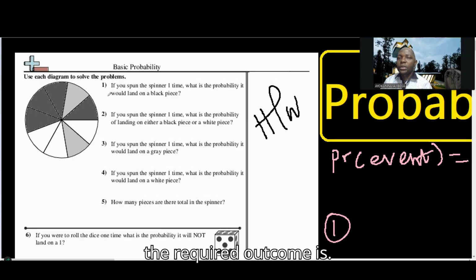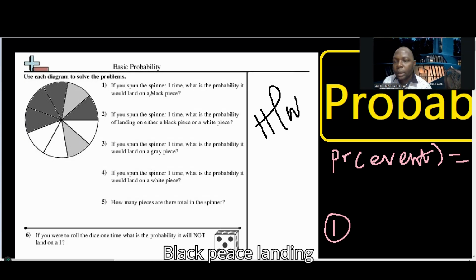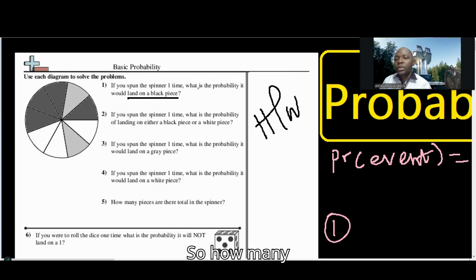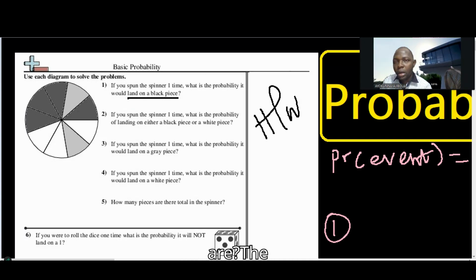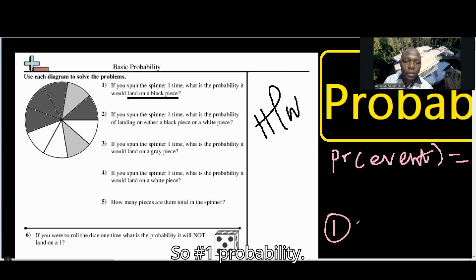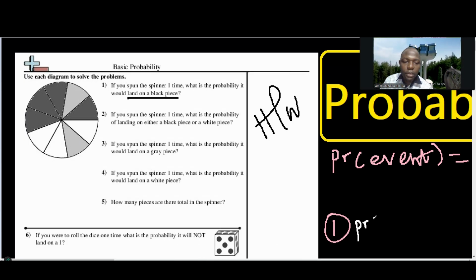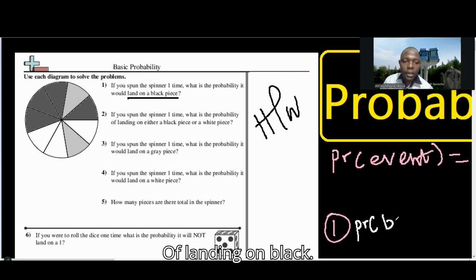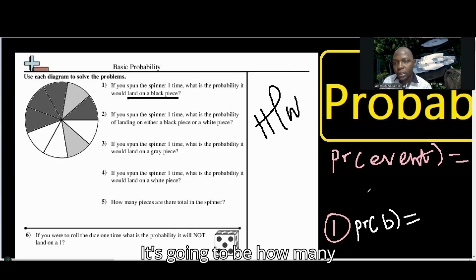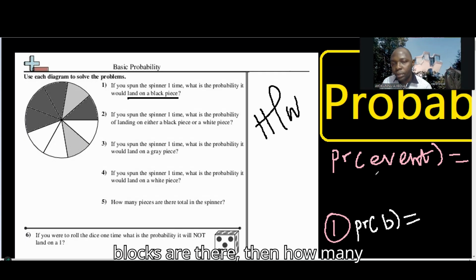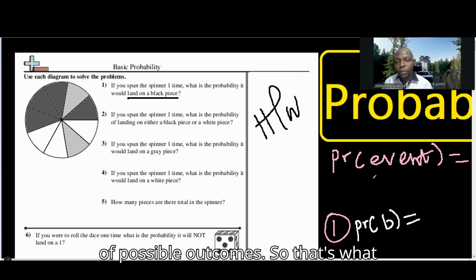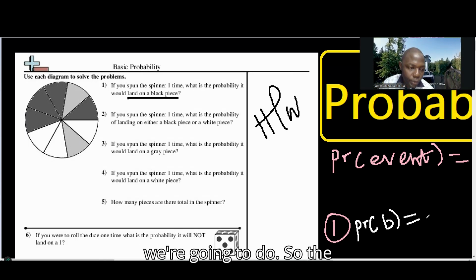So the required outcome is landing on a black piece. So how many are the black pieces? The probability of landing on black is how many blacks there are over the number of possible outcomes. So that's what we're going to do.